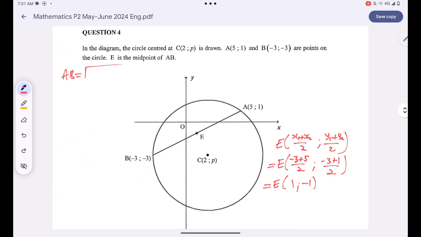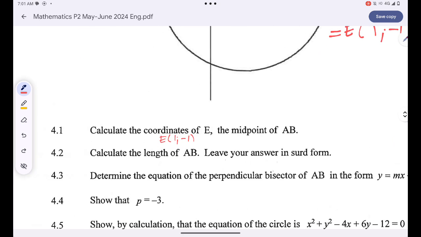AB is basically the square root of (x2 minus x1) squared plus (y2 minus y1) squared, and this will simply give us the square root of (negative 3 minus 5) squared plus (negative 3 minus 1) squared, that's 4 root 5. So the length of AB is equal to 4 root 5.